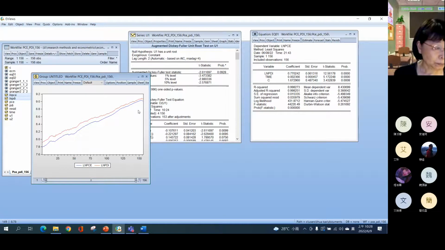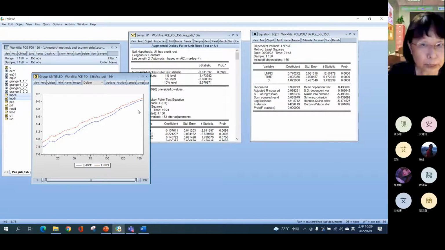In our example, our y variable is LMPCE, personal consumption, and the x variable is LMPDI, personal disposable income. Economic theory tells us that there's a strong relationship between consumption expenditures and personal disposable income.